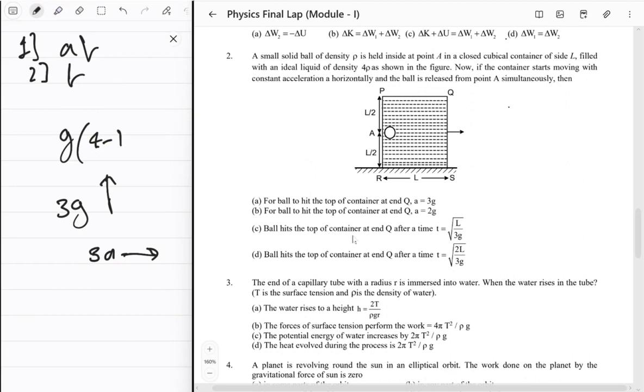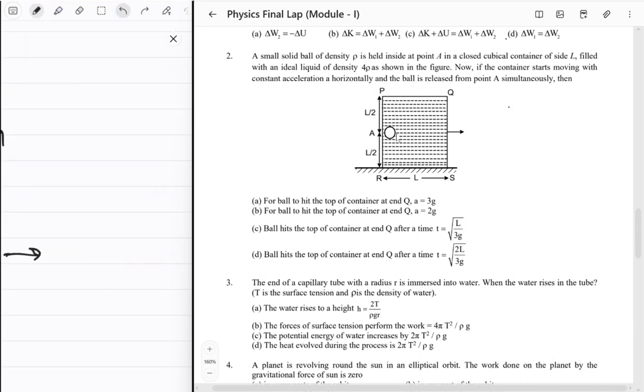The ball hits the top of the container at end Q after this much time. So this is L upon 2 and this is L, right? What would the length be? Should it be in square roots?